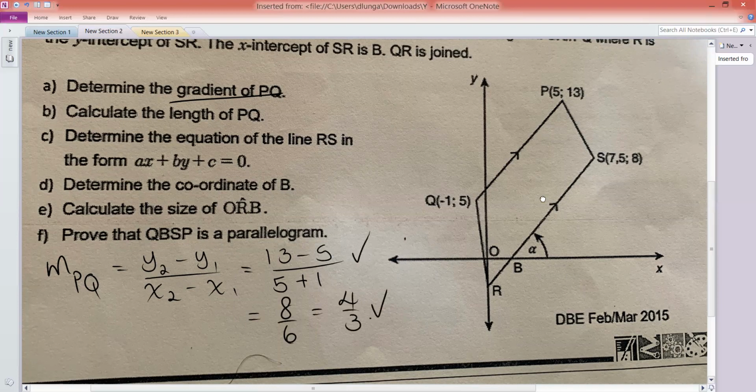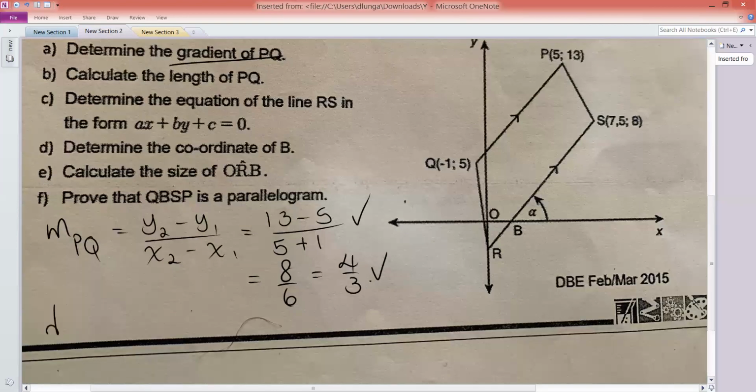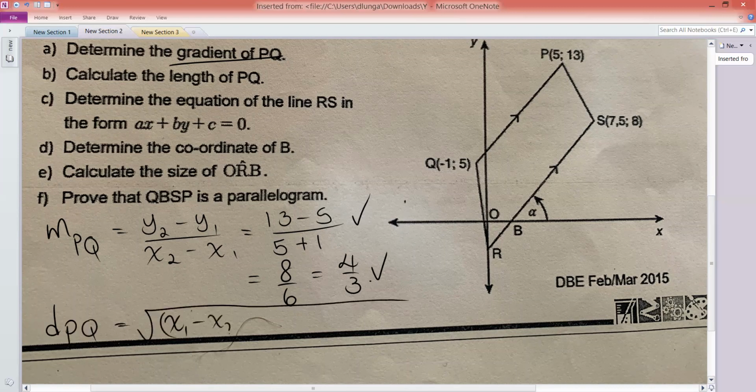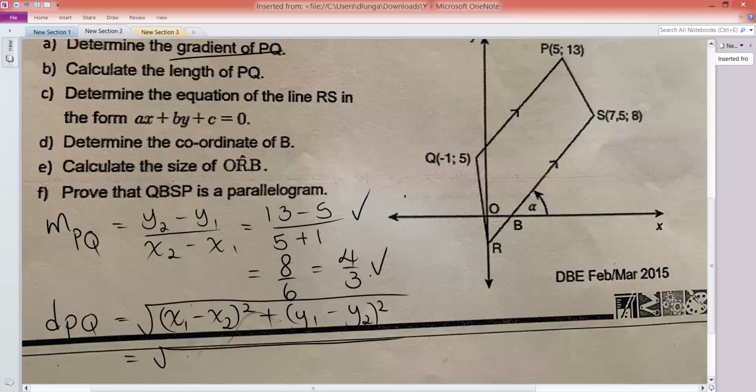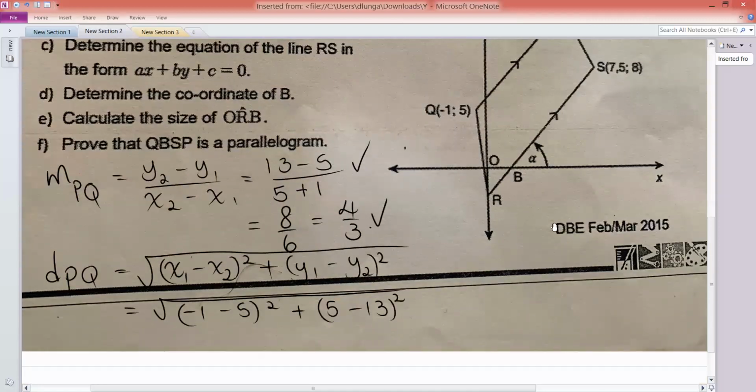Calculate the length of PQ. Again, it's just the distance formula. So the distance from P to Q, straightforward plugging in: square root of (x1 minus x2) squared plus (y1 minus y2) squared. -1 minus 5 squared, 5 minus 13 squared.